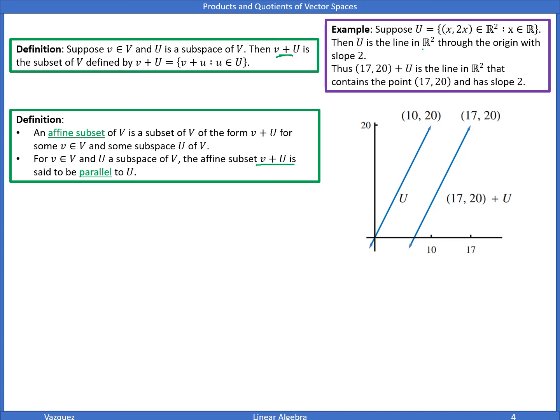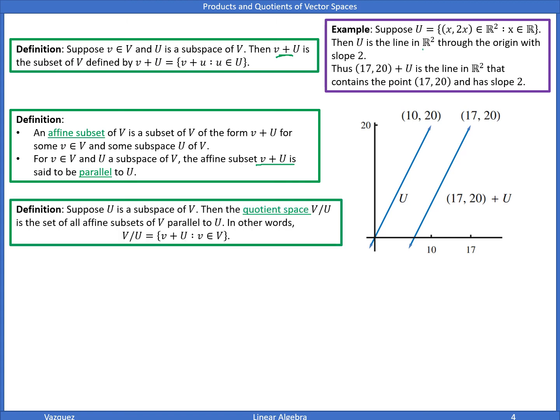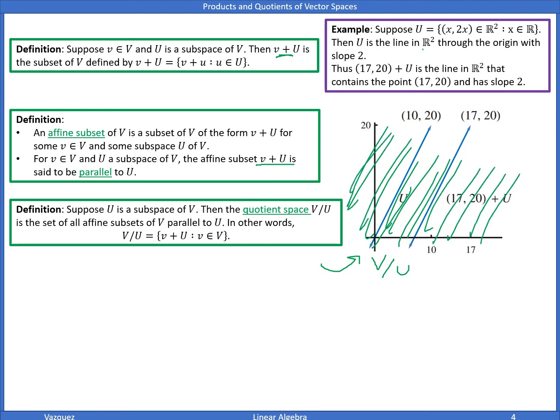So again, an affine subset is said to be parallel to U. Suppose U is a subspace of V, then the quotient space V slash U is the set of all affine subsets of V parallel to U. So in this example, the quotient space V over U are all the parallel lines to that line, the original line.